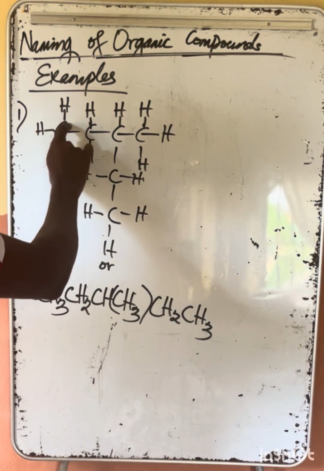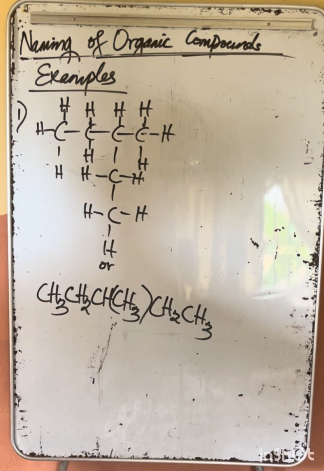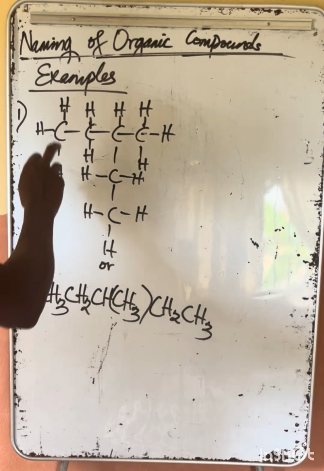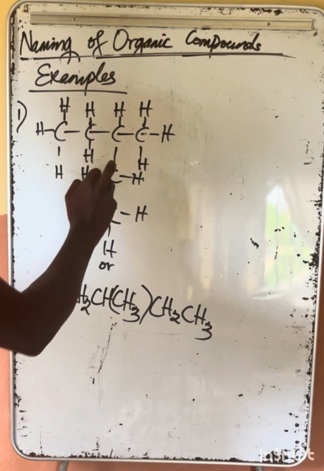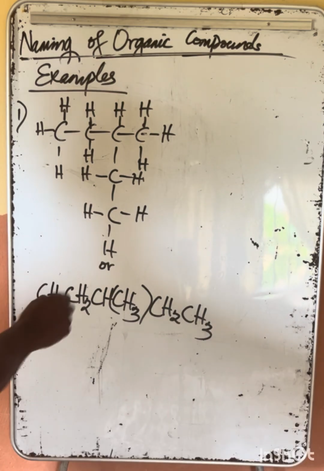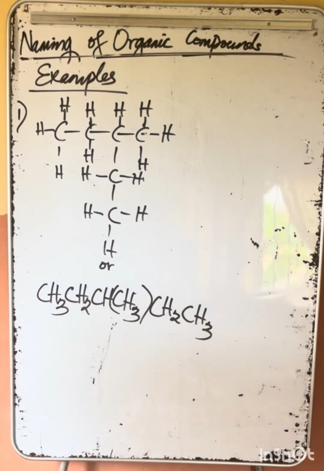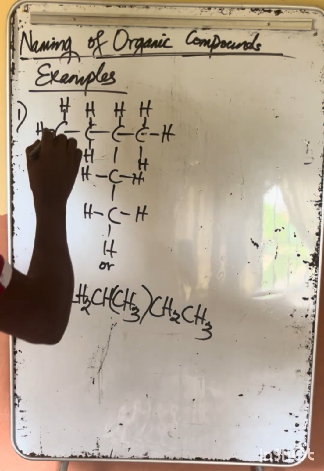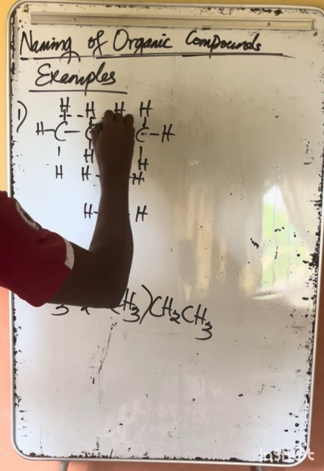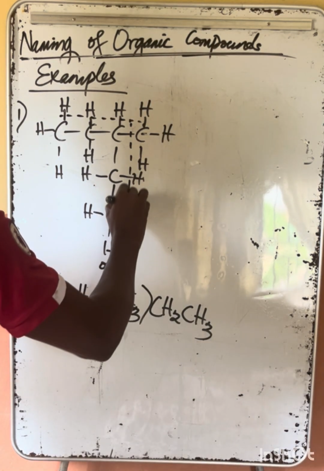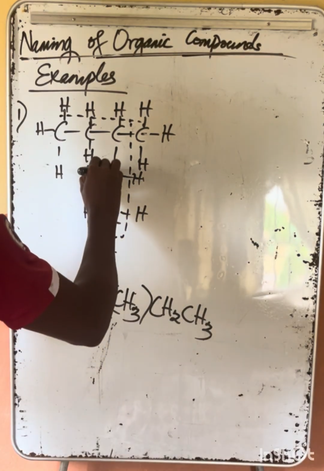The first one is 1, 2, 3, 4. That's the first possibility. Another possibility is 1, 2, 3, 4, 5. Another possibility is 1, 2, 3, 4. So in all of the possibilities, this is the one that will work. This possibility here, this way, is what will work for us.